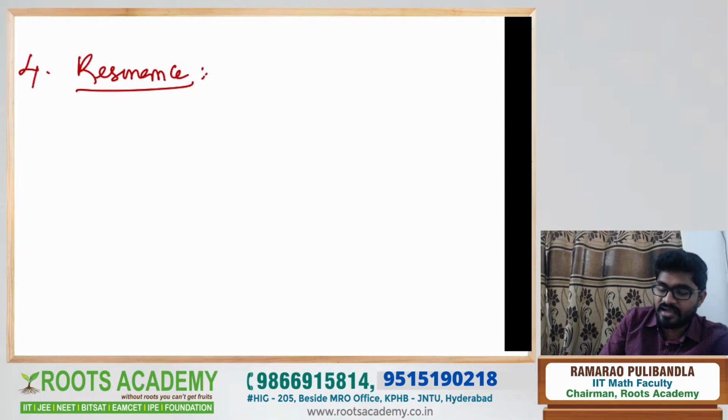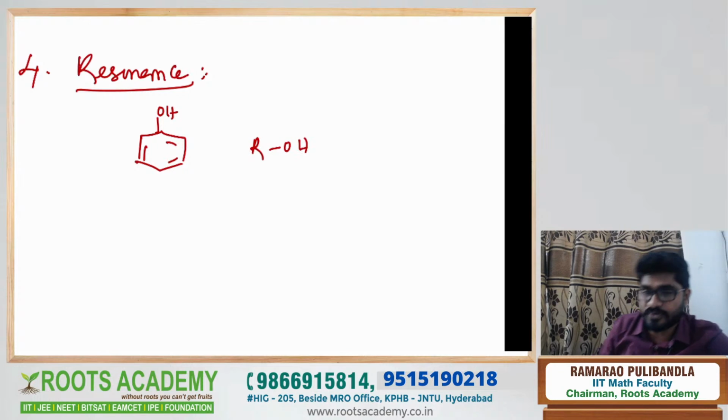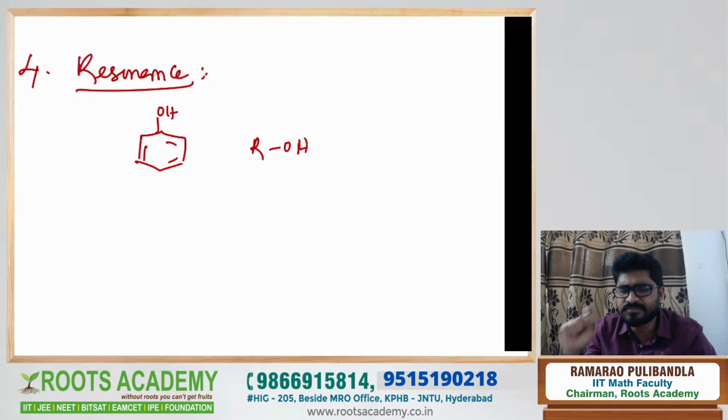Simply, have a look here. I'm giving only questions; from the questions, we'll get the concept. Phenol and ROH: now you tell me which is more acidic. Apply the same concept. Always remember, if the conjugate base is more stable, the respective acid is more acidic. That is the main concept.